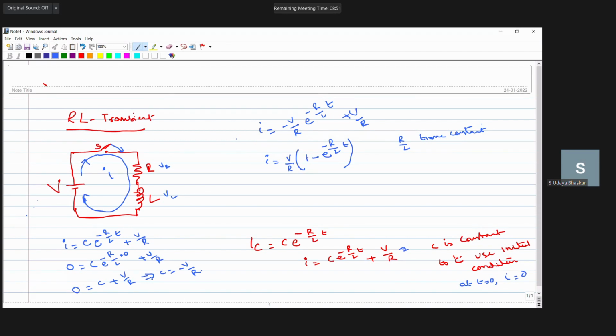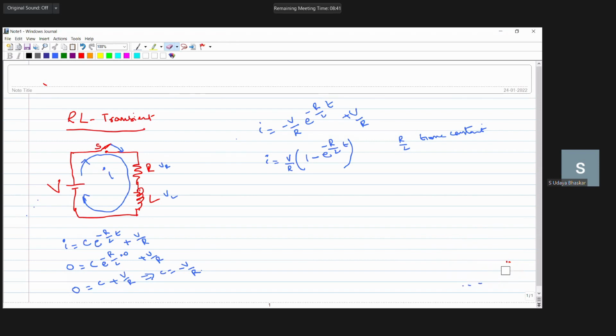And I will explain here why this is an instant transient value. So here you can see, I can draw the circuit graph here.